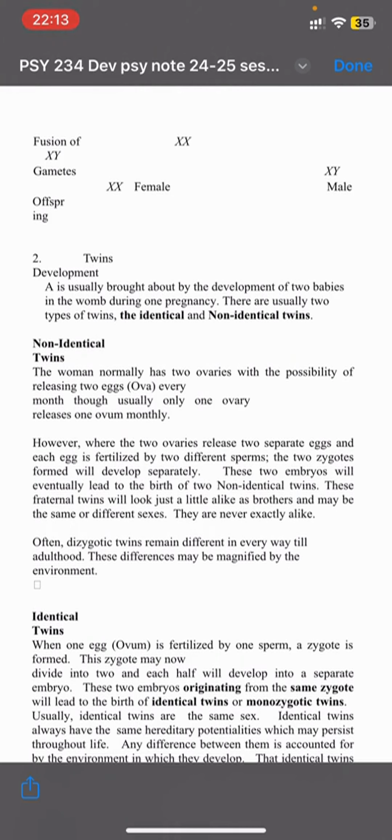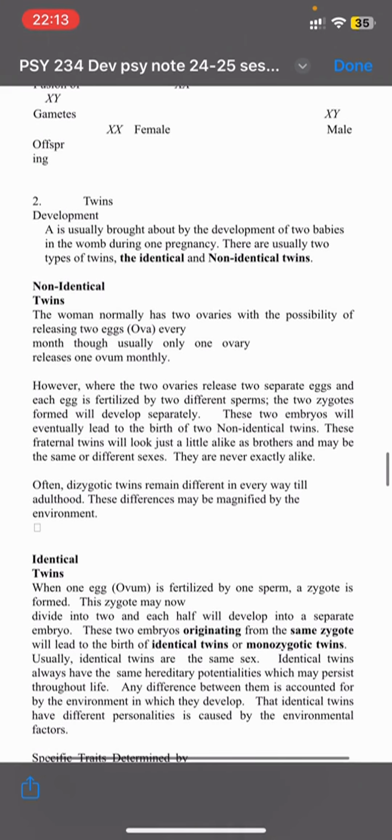Twins development is usually brought about by the development of two babies. There are usually two types of twins, identical and non-identical. So non-identical: the woman normally has two ovaries with the possibility of releasing two eggs.